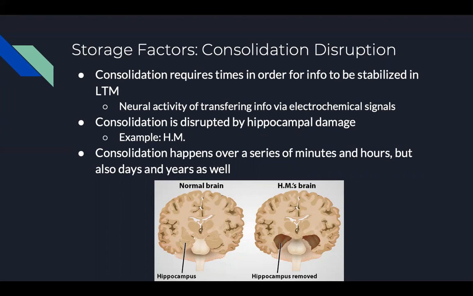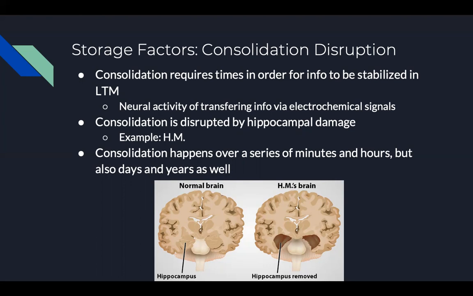And of course, you might remember that we've talked about HM, who had surgical removal. It was experimental at the time. They didn't actually know what was going to happen. But he had surgical removal of both of his hippocampi, that is right and left hippocampi.